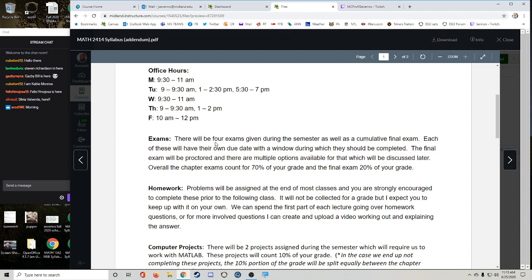And then the final exam, you should anticipate this being a proctored final exam. What that means is you could take it in person. You don't have to. You could take it in person, or you could set up to take it through a video call. You will need a webcam for that, or something of that sort.